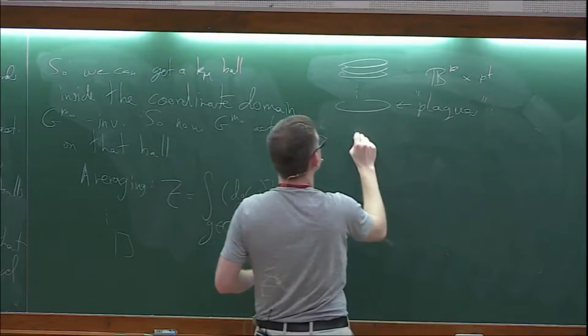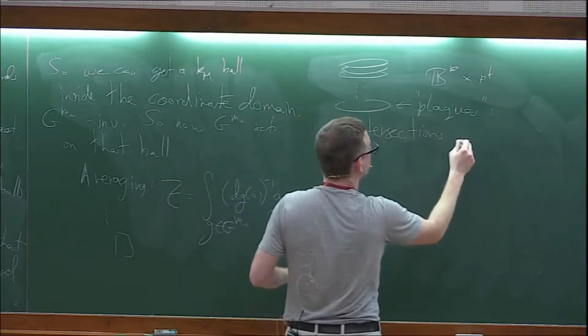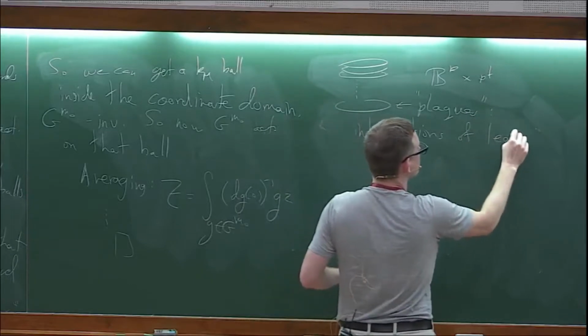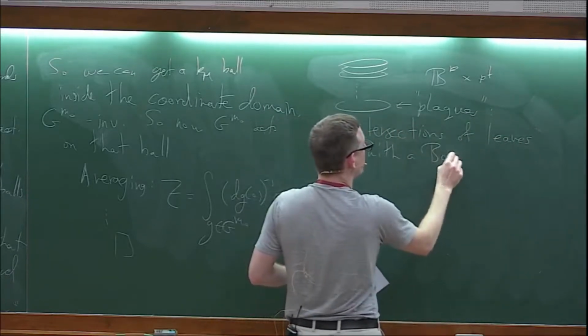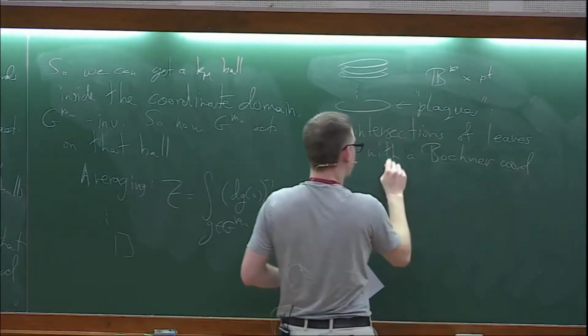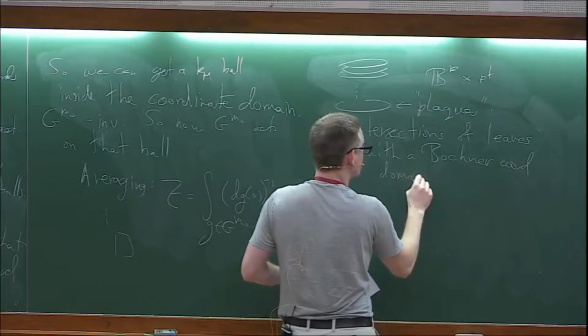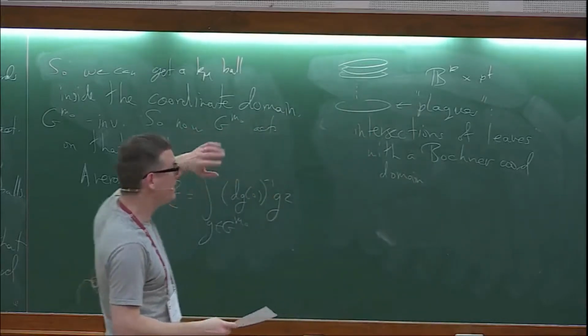Those are intersections of leaves. So a plaque is the intersection of a leaf with a Bochner coordinate domain. They're these little balls, and they're stacked up like this.